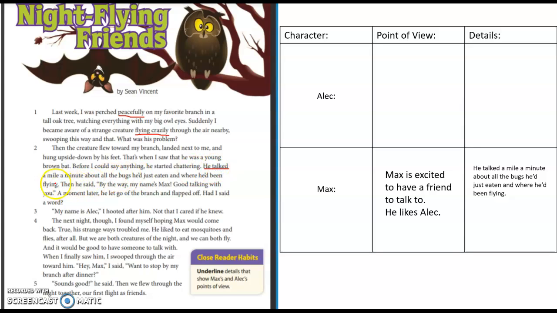He also says, so through his words we can tell how he feels. He says, "Good talking with you." So that lets me know, again, he's excited to talk to Alec and he likes him.